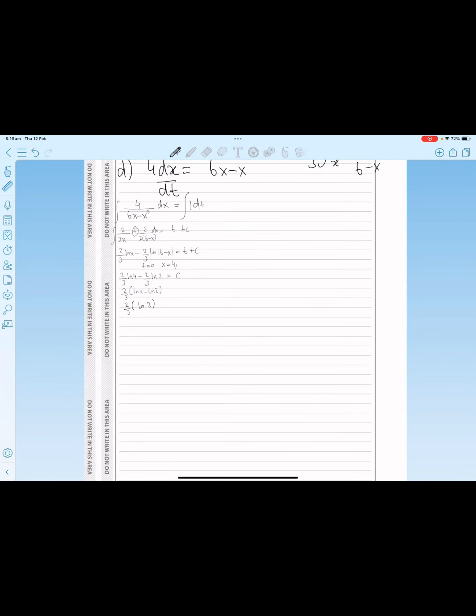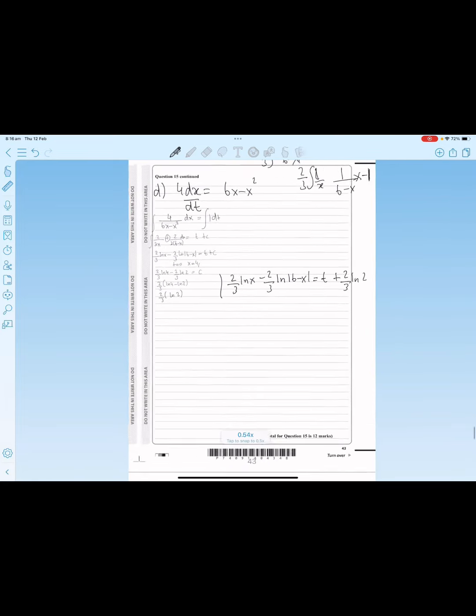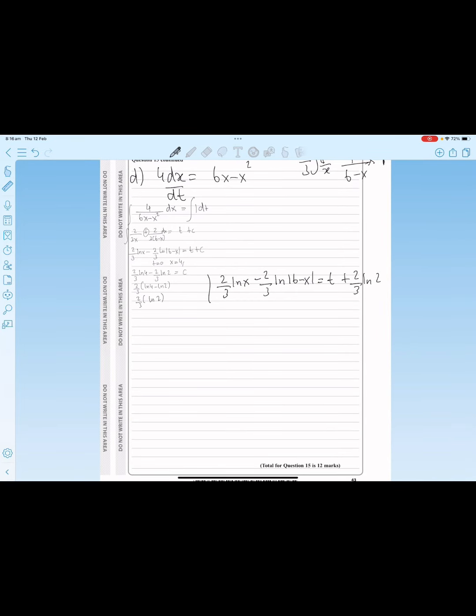Let's rewrite my model. So it says 2 over 3 ln x minus 2 over 3 ln 6 minus x is equal to t plus 2 over 3 ln 2. Now the next step that I can do is join these two lns, because I'm still a far way away from the actual answer. It wants my answer completely in e's, but I can see how they might get there. It's all about converting, right?